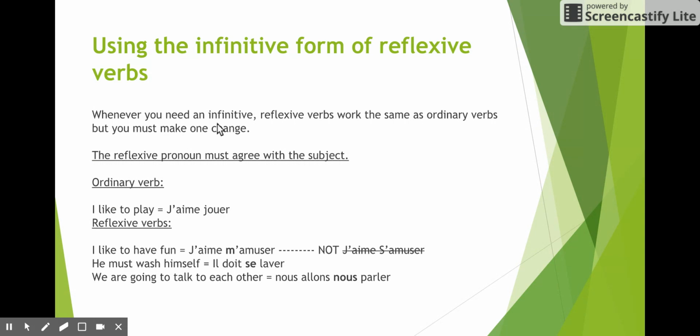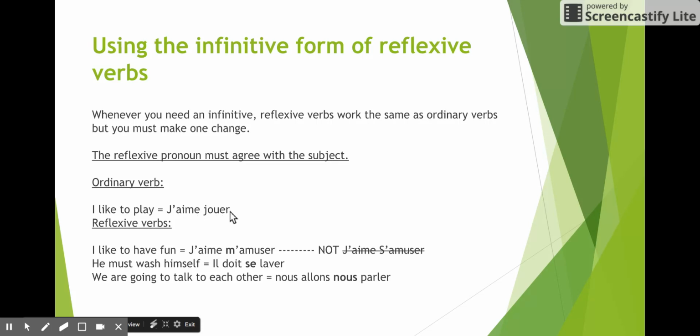Okay, so just a quick note about using the infinitive form of the reflexive verb. For example, when you're giving an opinion with a normal verb, I like to play. J'aime jouer. Remember that we don't say "I like play." We want to say I like to play.